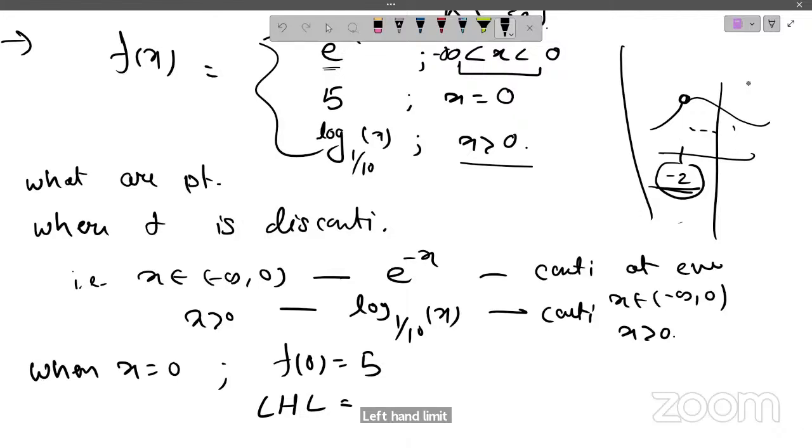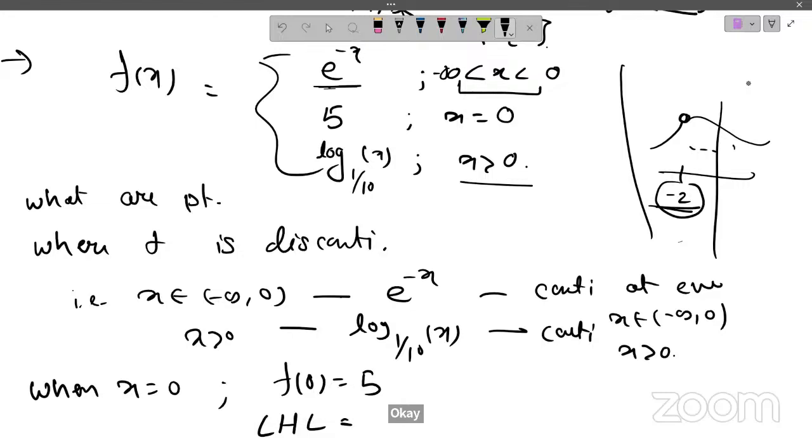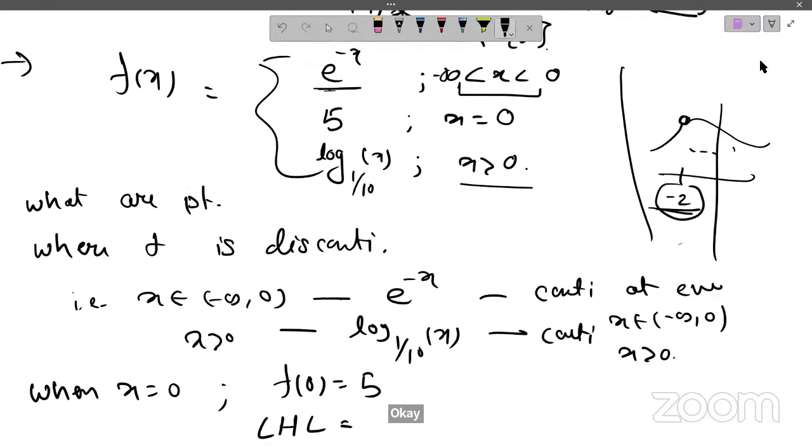You will compute the left hand limit from e to the power -x. That would be 1, because as x goes to 0, e to the power -x goes to e to the power 0, which is 1, correct? So the left hand limit is 1.